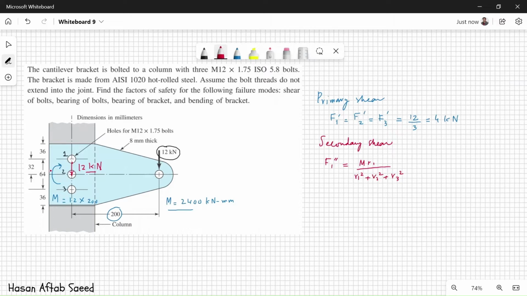So R1 distance will be 32. The value of M, 2400.